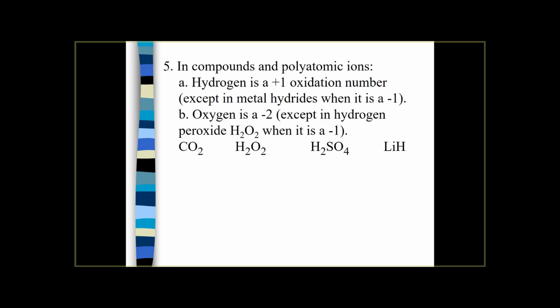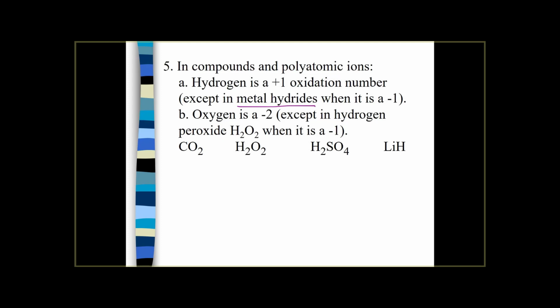So I'm just going to give you some examples so you can watch out for those exceptions. Hydrogen is a +1 except if you have a metal hydride. So that means when it's with a metal, then the charge becomes a -1. Usually you can figure out that hydrogen is accepting an electron, because you can figure out the oxidation number of the metal, and that will help you figure out the hydrogen.